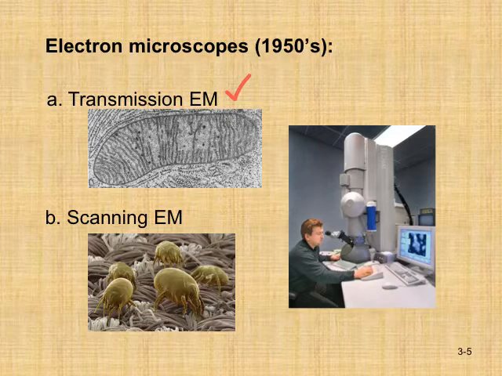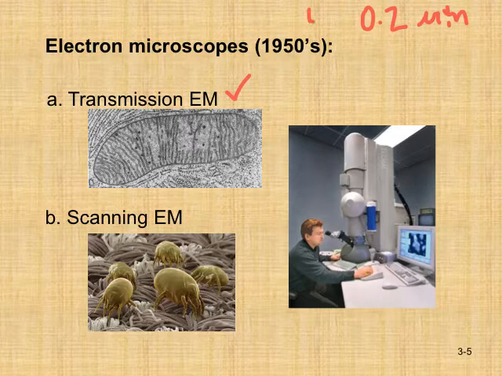This is helpful because the wavelength of electrons is much smaller than the wavelength of photons in light. And so we can resolve two points that are closer together with electron microscopes than with light microscopes. For example, light microscopes can resolve two points that are about 0.2 micrometers apart.